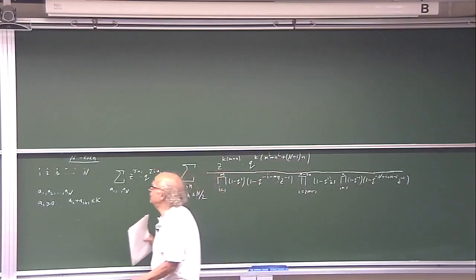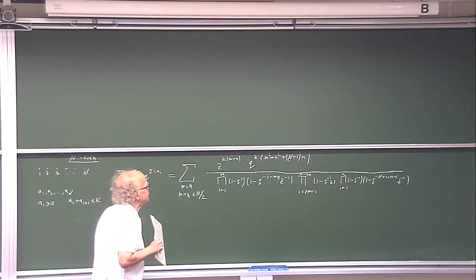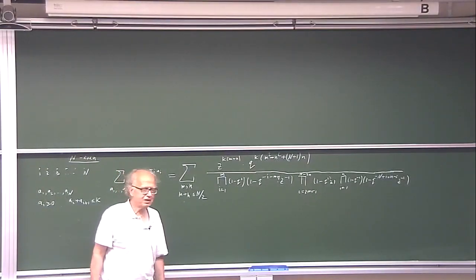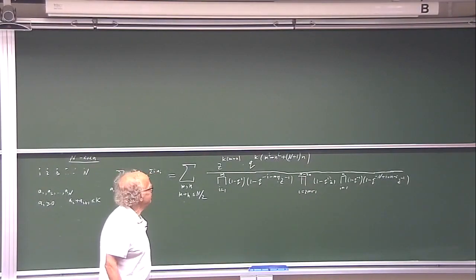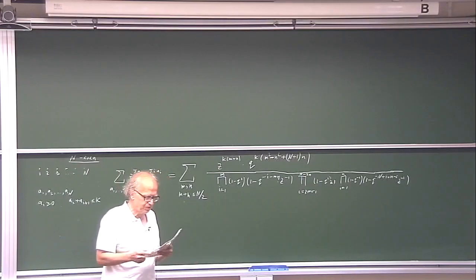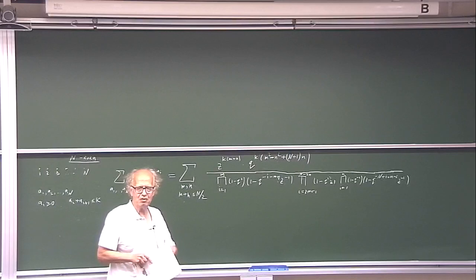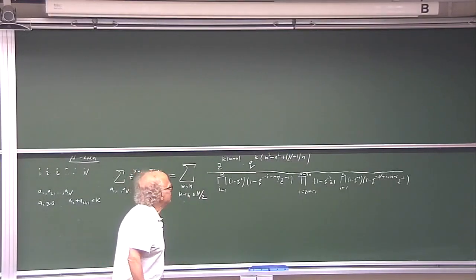In principle people can write down a longer formula than that. And surely it can be misprinted here and I can make mistakes when I rewrite it there. But anyway, what is the structure of this formula?